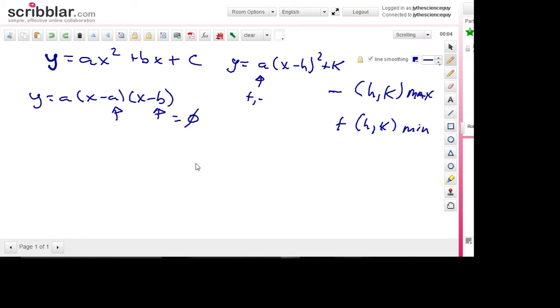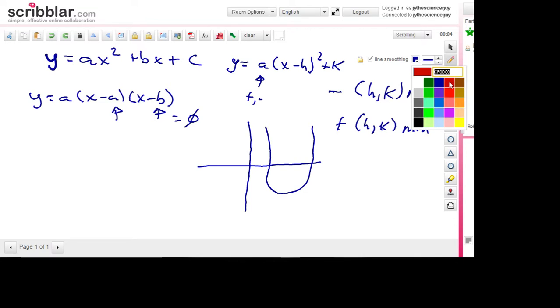So if I have a picture of this, and let's say this is my quadratic, then let me change the color of this and make it bigger. Those red dots, that's your A and your B, because those are where it crosses the x-axis, so those are the zeros.